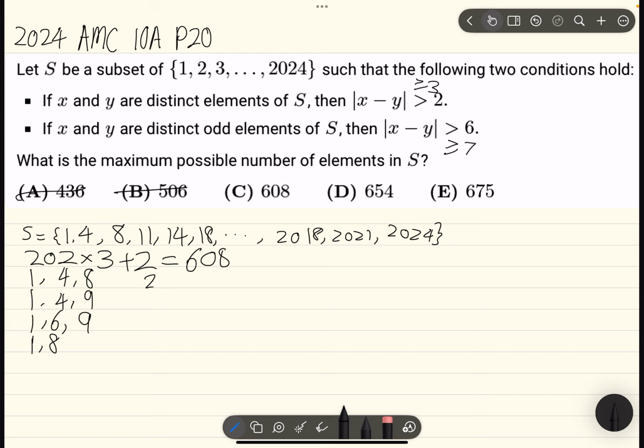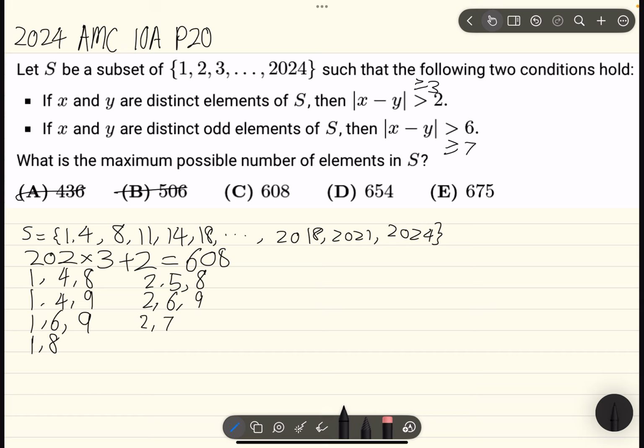Now, what if we start with 2? People might say, oh, that makes this a lot better. What if we started the subset S with the element 2? Well, 2 plus 3 is 5, 5 plus 3 is 8. So there are still 3 elements. If we didn't want a 5, 2, 6, 9. That's the best you can do.